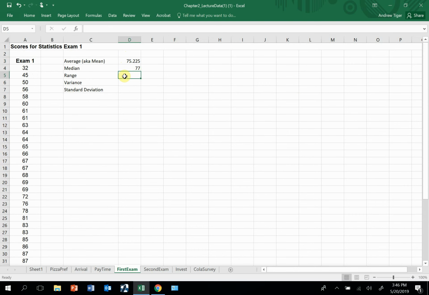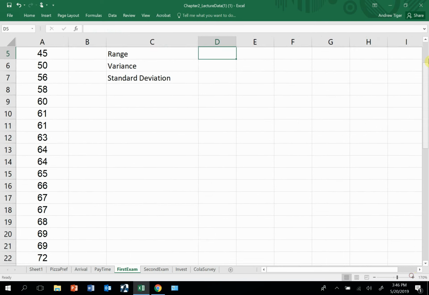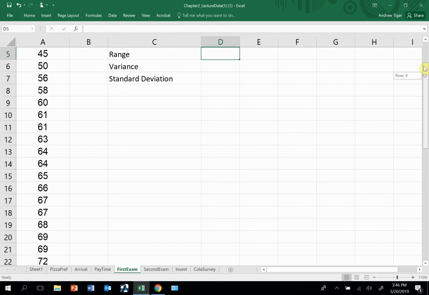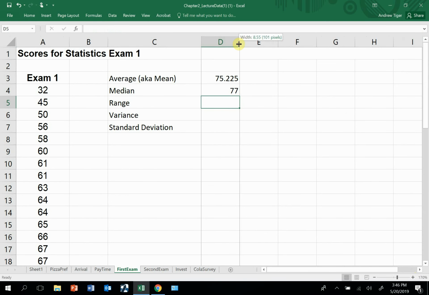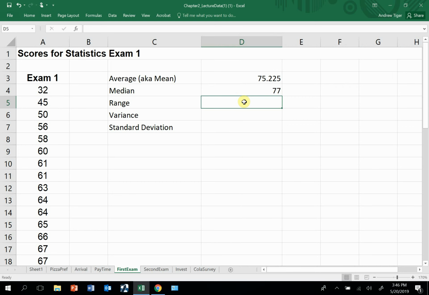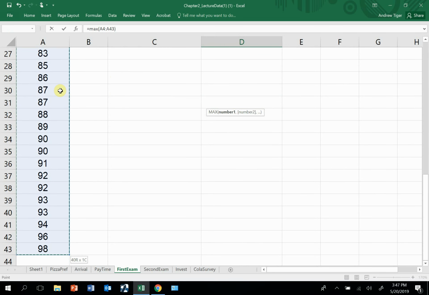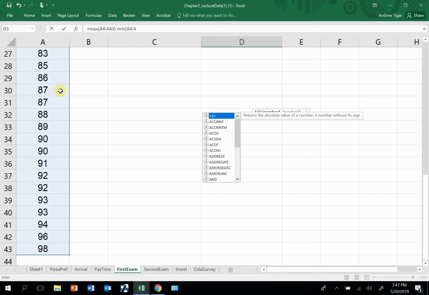The range is the biggest number minus the smallest number. We don't have a range function in Excel, but I can use the max and the min. So I'm going to say the max of this data minus the min of that data.